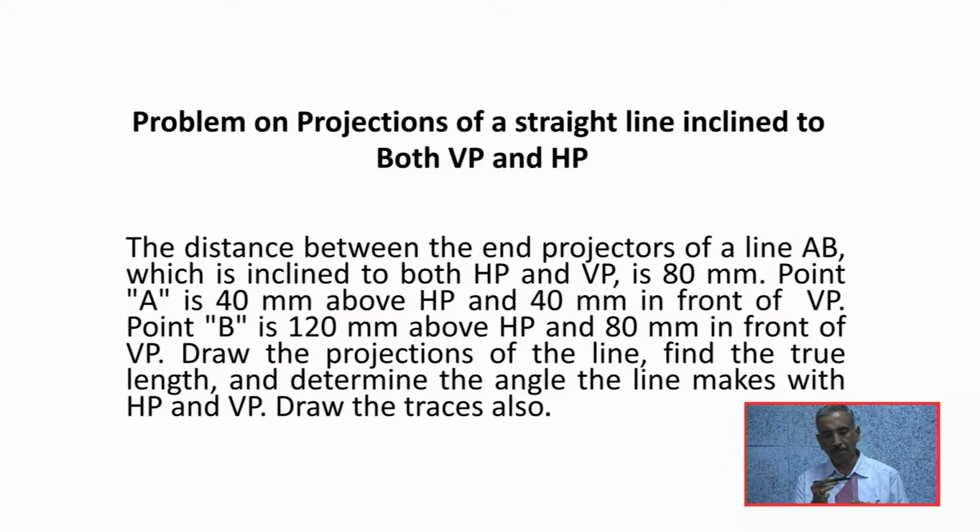This is my point B which is 80 mm in front of VP and 120 mm above HP. So for this line in space, this will be my true length. For this line in space, this will be my top view. So now we will see how to draw and how to make the model.